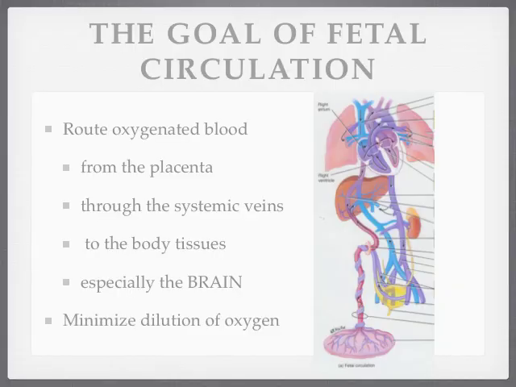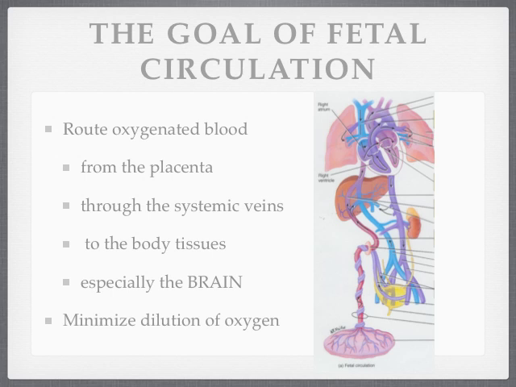Remember that all of the different routing of blood was for one major purpose. That was to get oxygen and other resources from the placenta to all parts of the body. But in special, we were trying to get the most, or the best, oxygenated blood to the brain and the upper part of the body.